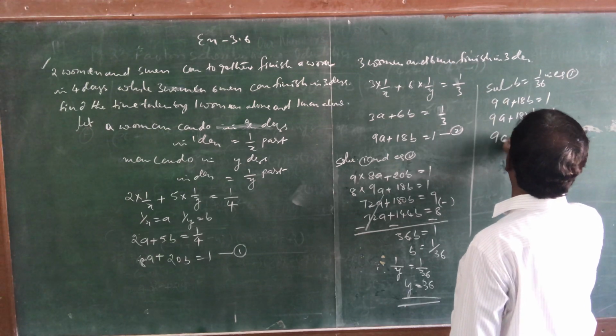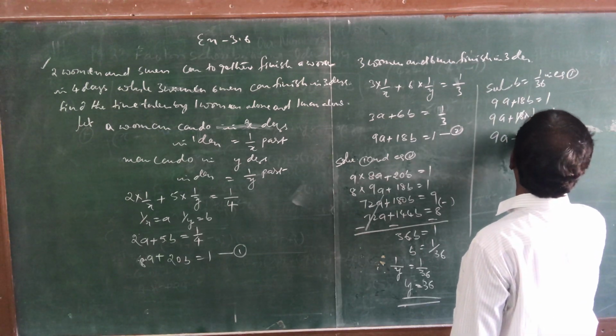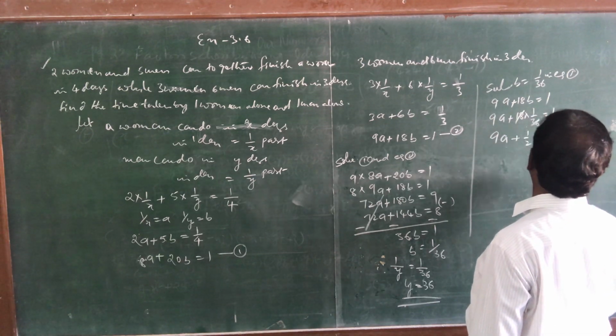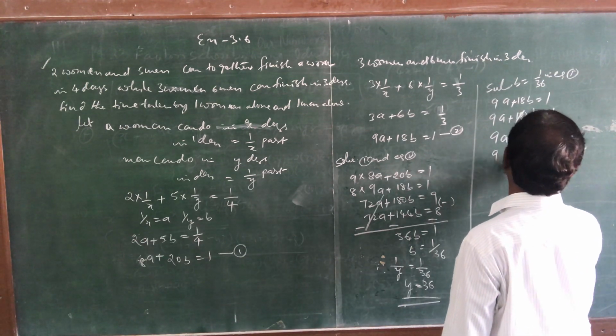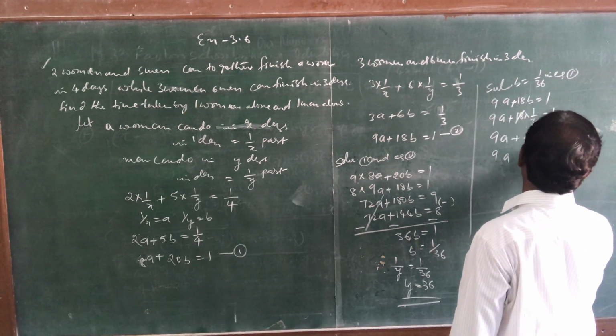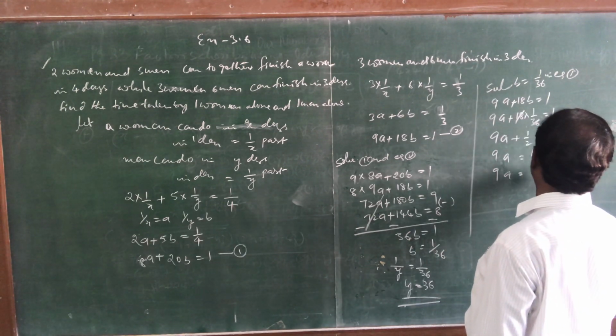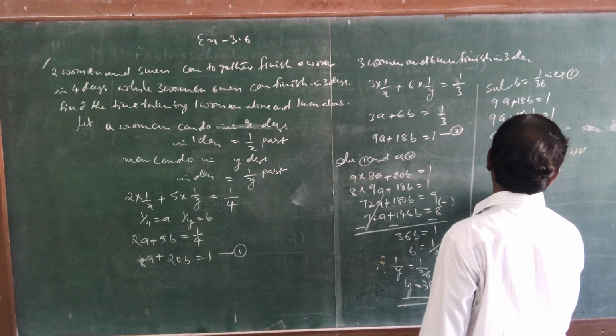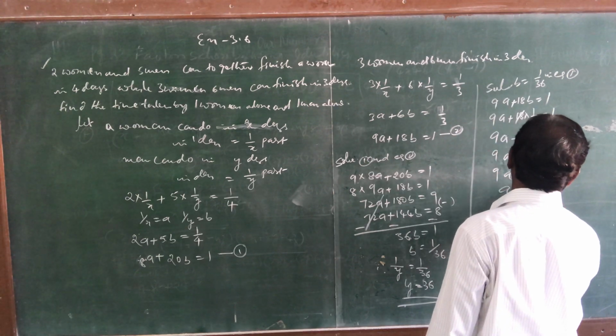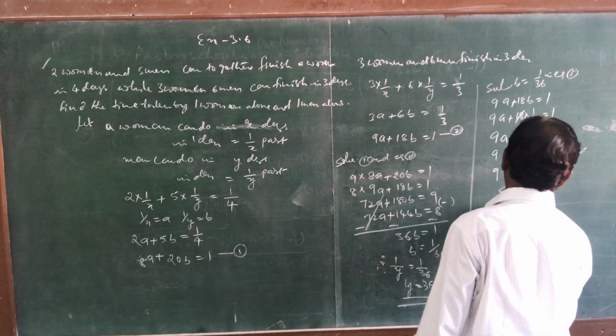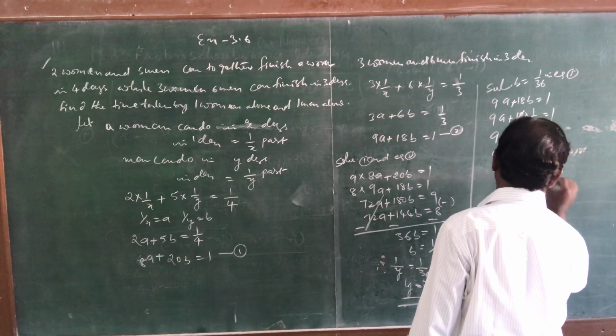Now 9A plus 1 by 2 is equal to 1. 9A is equal to 1 minus 1 by 2. 9A is equal to 1 by 2, and A is equal to 1 by 2 into 9. A is equal to 1 by 18.